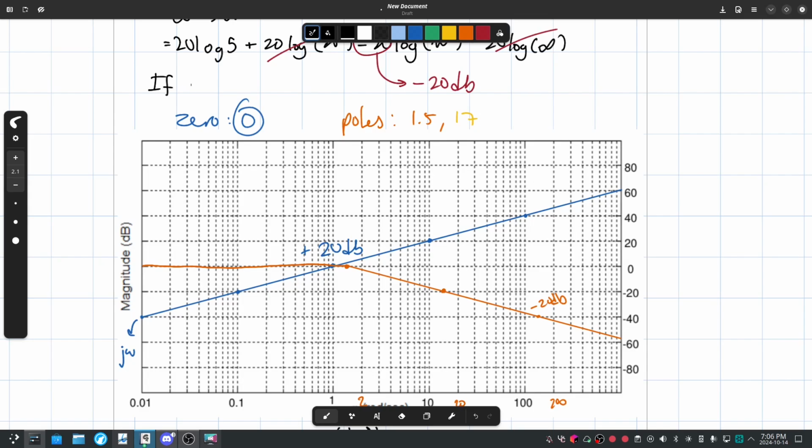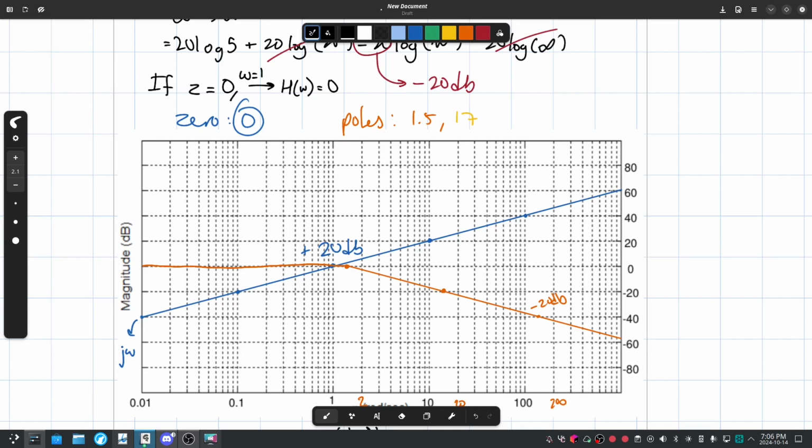If the starting point is 0, H of 1 is going to be 0. So omega is equal to 1, H of omega is going to be 0.